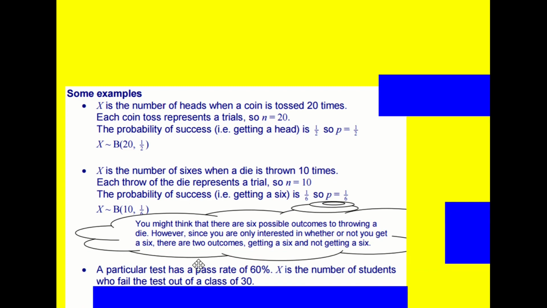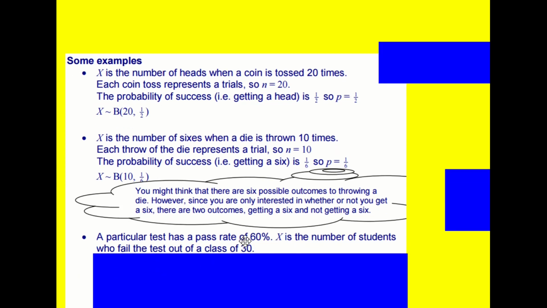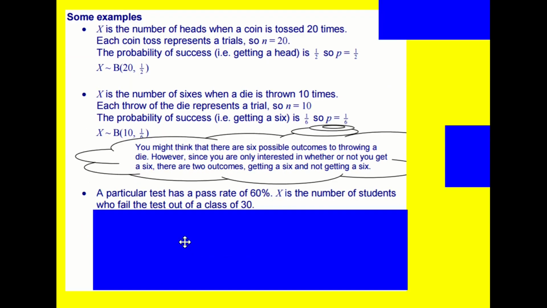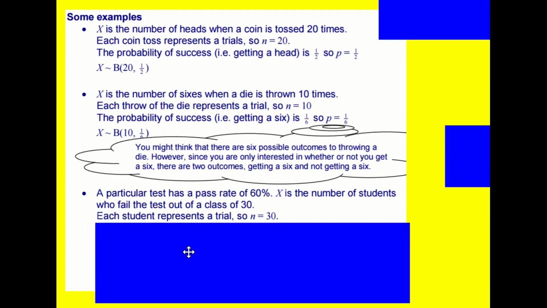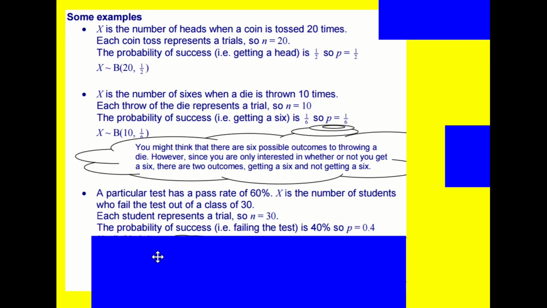And what about this one? A particular test has a pass rate of 60%. X is the number of students who fail the test out of a class of 30. Can you write down a binomial distribution for that? Well, be careful. First of all, we see that n is 30 because there are 30 trials, but we're interested in the number of failures. So in this case, actually, the probability of success is failing the test.